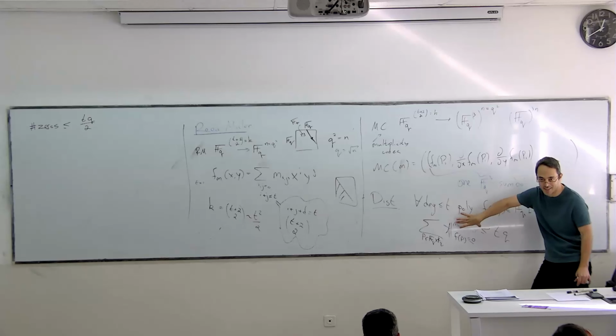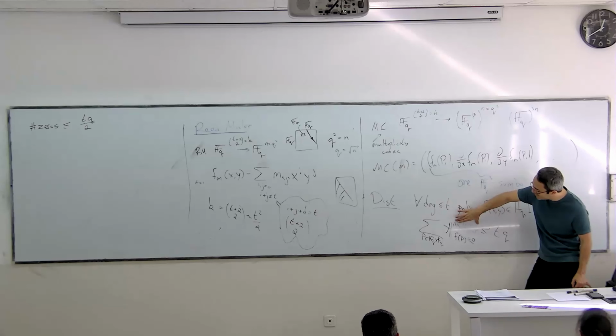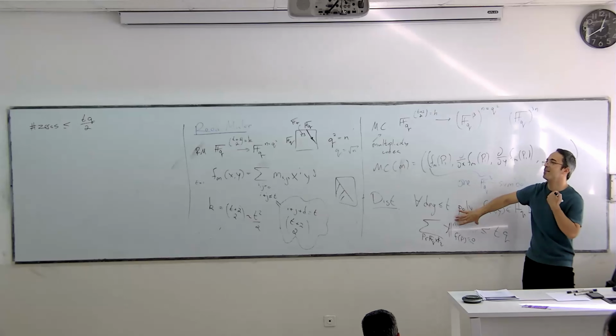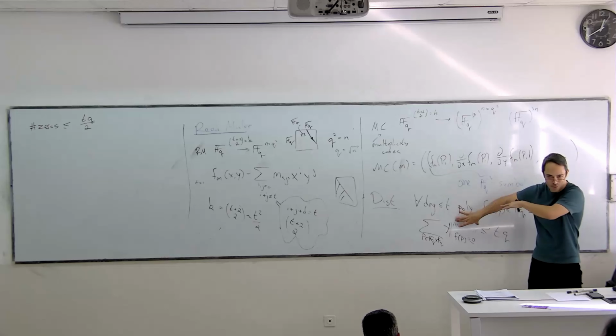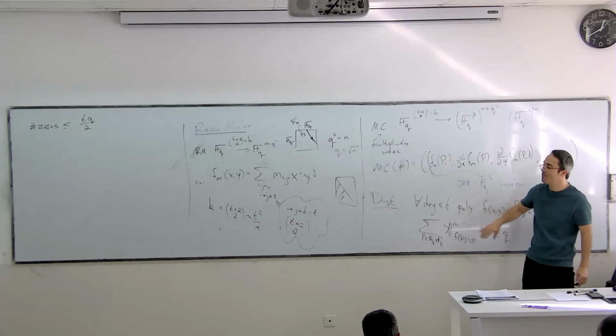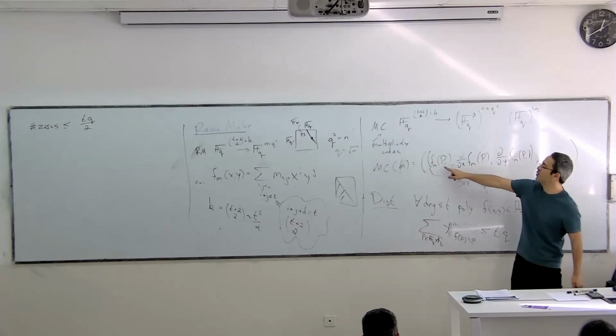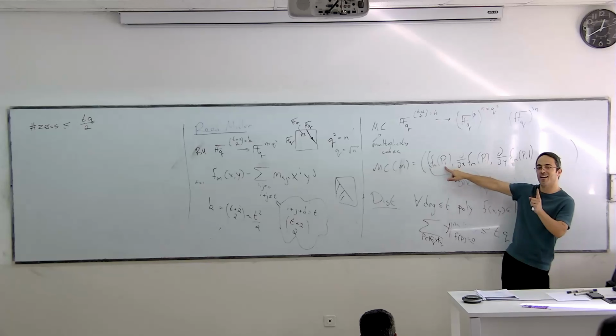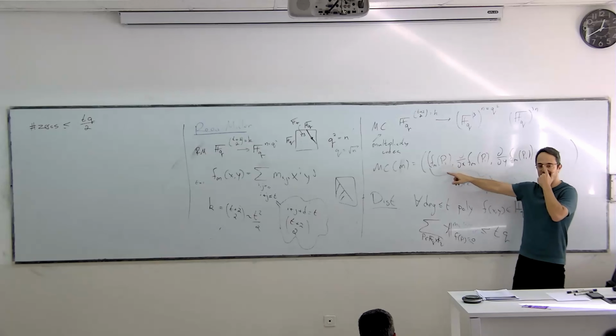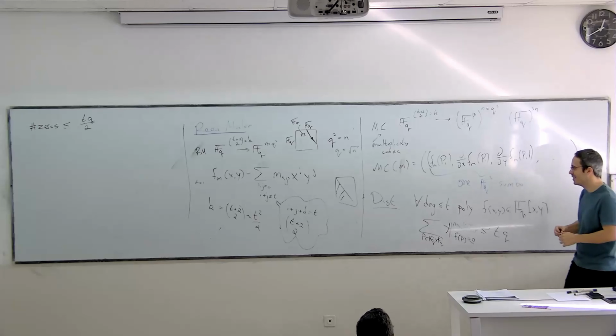Because the definition of this counts the depth of derivatives, all of which vanish. Isn't it 1? So this is 1. When f vanishes, it's 1. So it's like 1 and then 2.